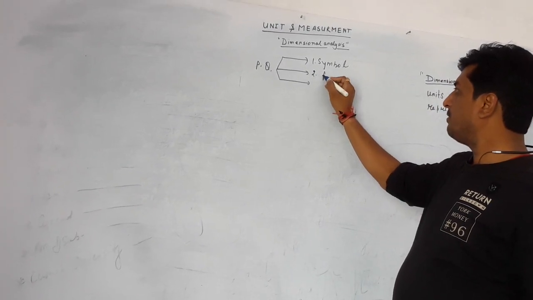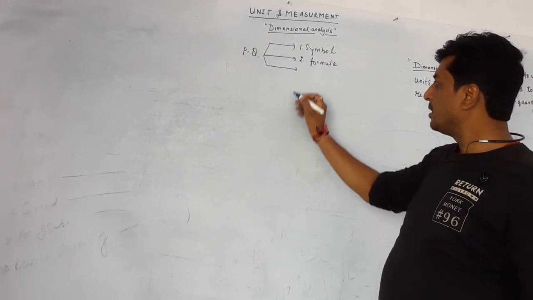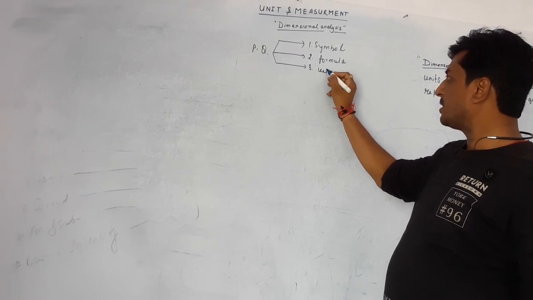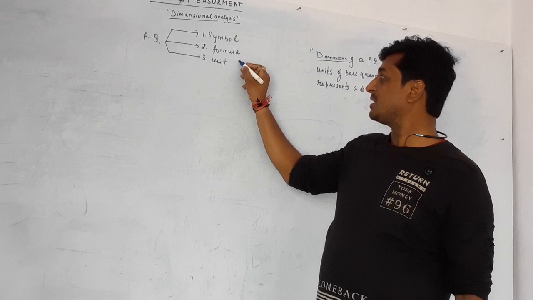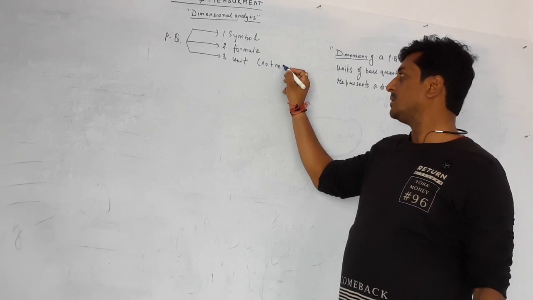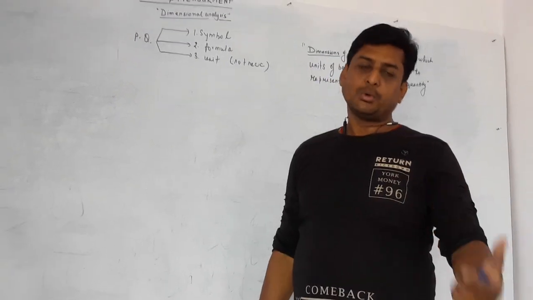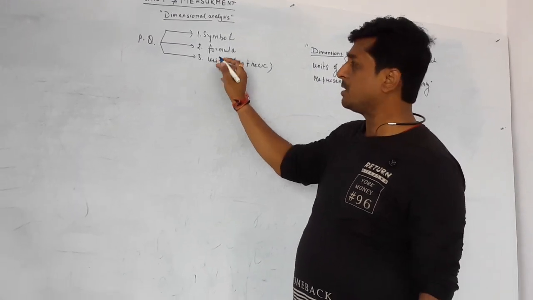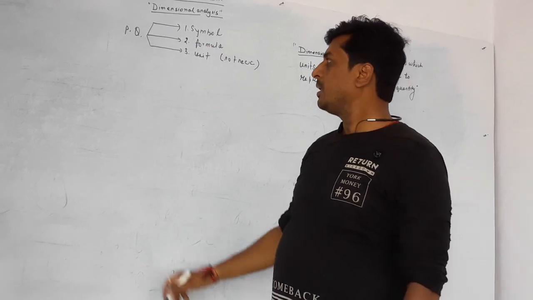Number two, every physical quantity possesses a formula. And number three, every physical quantity must possess some unit, but this is not necessary. This one is not necessary because there are so many physical quantities which are unitless. So we cannot say it is compulsory that every physical quantity requires a unit.